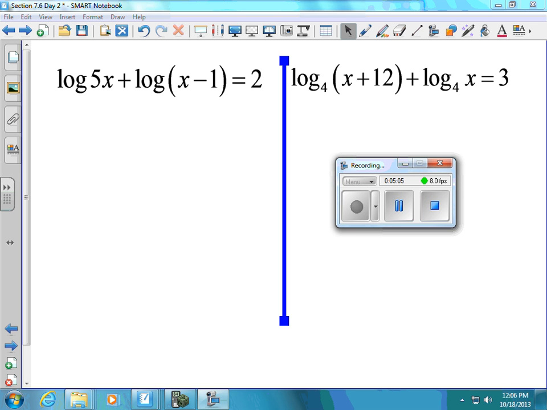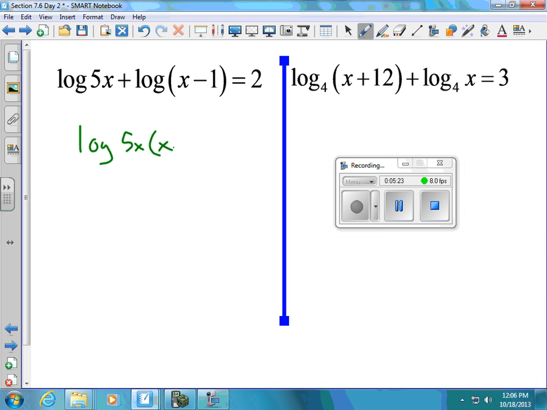That's a lot to say. We can combine that into one logarithm because they have the same base. When we're adding things with the same base, we can multiply what's inside of the logarithm. So this is really log base 10 of 5x times x minus 1 equals 2.